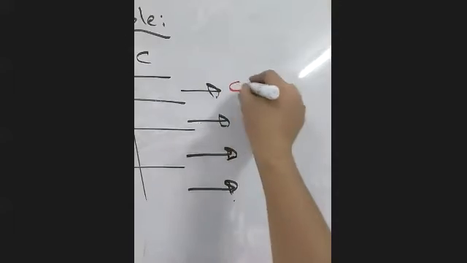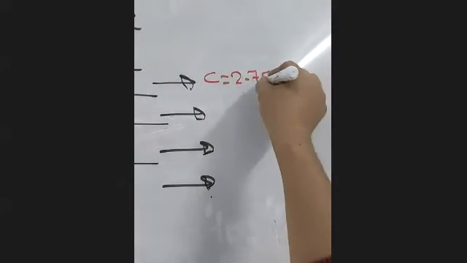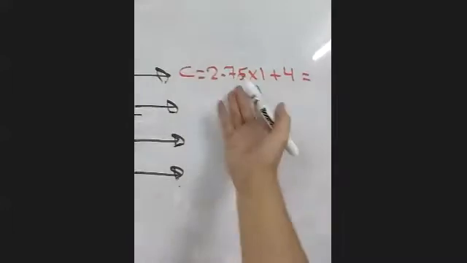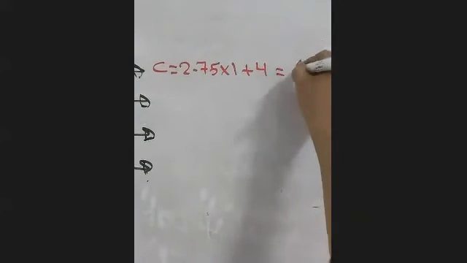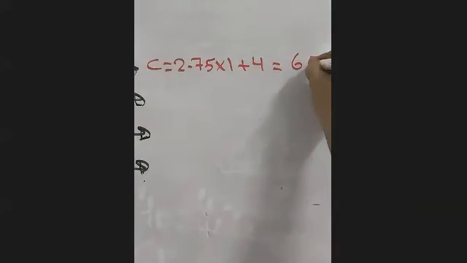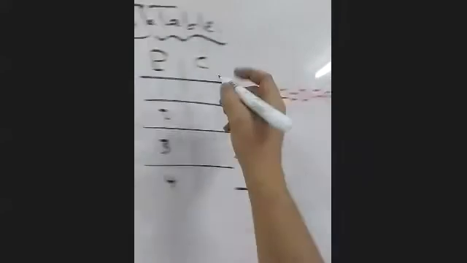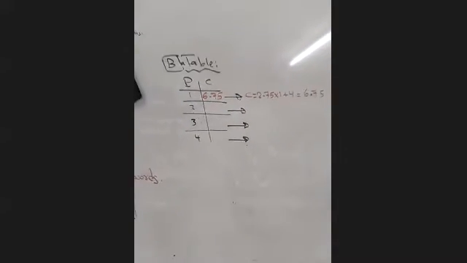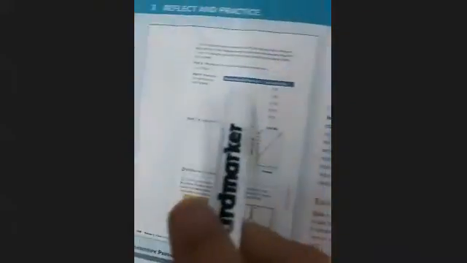So C equals 2.75 multiply 1 plus 4, which, if you multiply and add, equals 6.75. This number, you put it here, 6.75. Now the book chooses the numbers for you, so fill the answers with me here beside the cost.